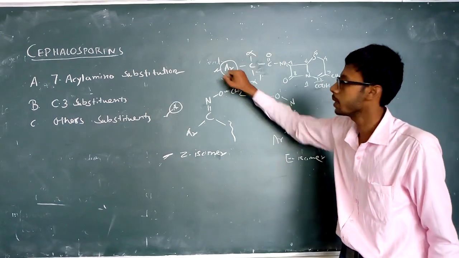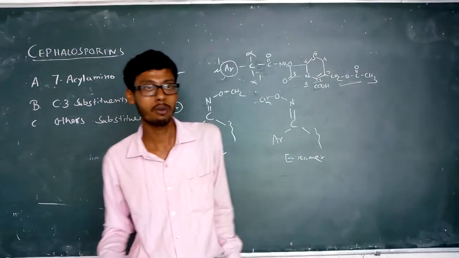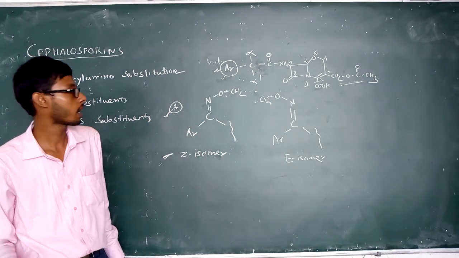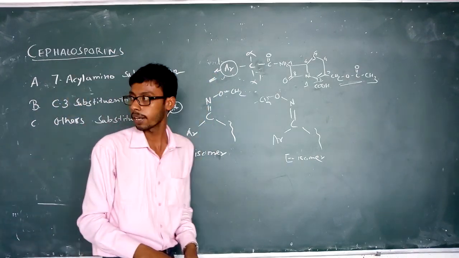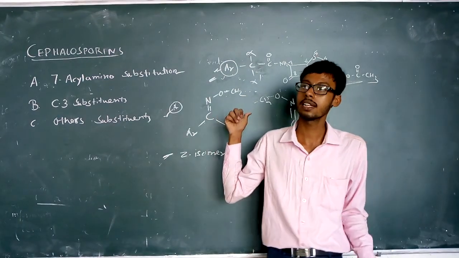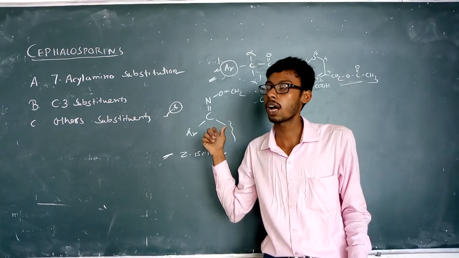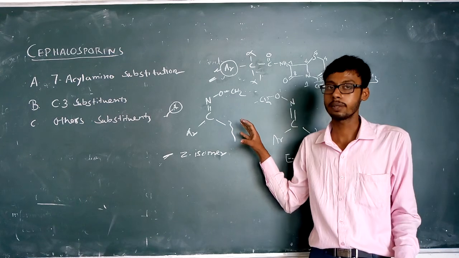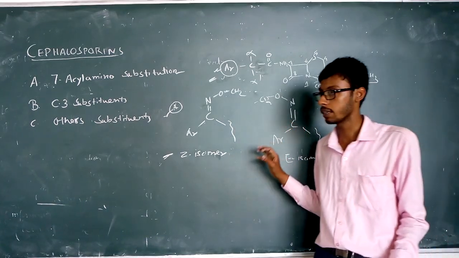While if the aromatic group is replaced by various heterocyclic rings like thiophene, thiazole, triazole, etc., the activity spectrum becomes broader. This means drugs containing an acyl side chain with a heterocyclic ring have an increased spectrum of activity, active against gram-positive as well as gram-negative bacteria.